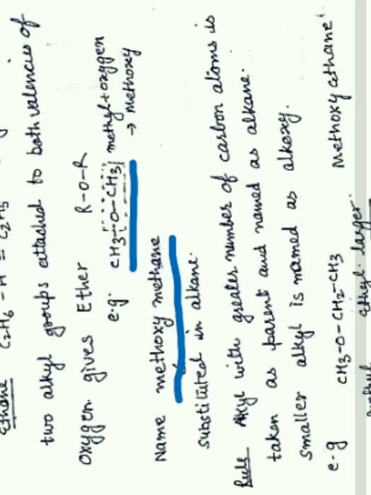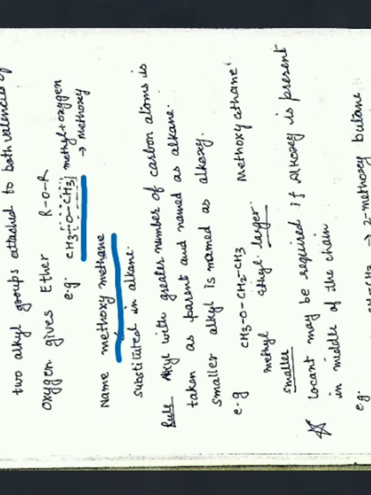Now let us come to the second case, that is, if there are two different alkyl groups, then what should we do? Here is a clear rule: the one which is larger will be written as alkane and the one which is smaller will be written as alkoxy. The smaller one will always be taken as a substituent. Now here you see CH3O CH2 CH3.